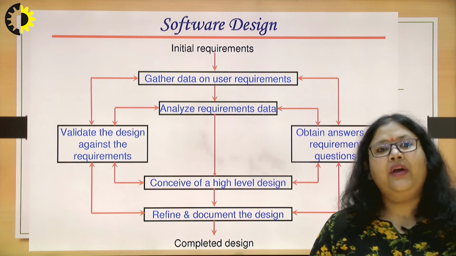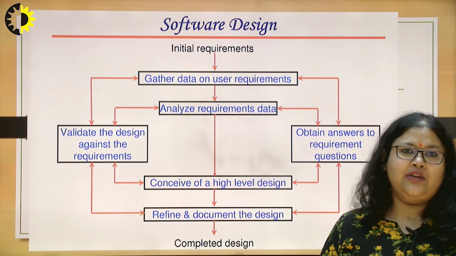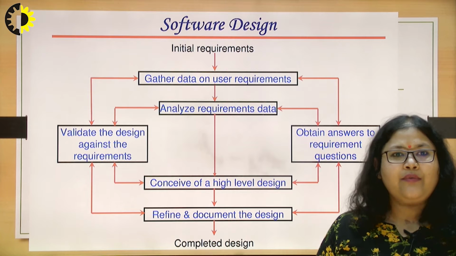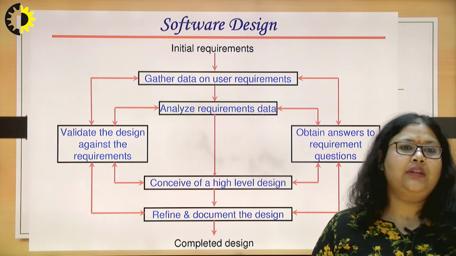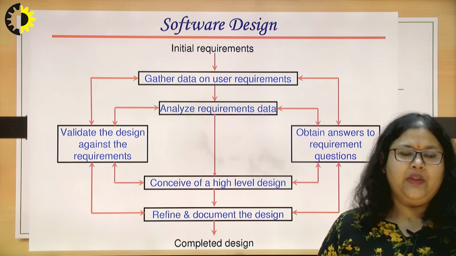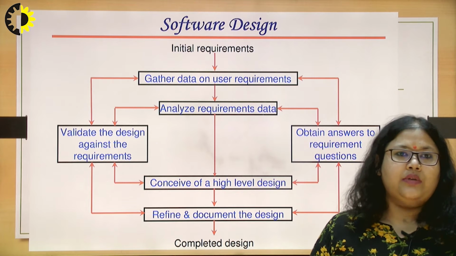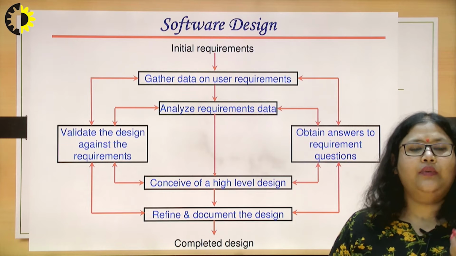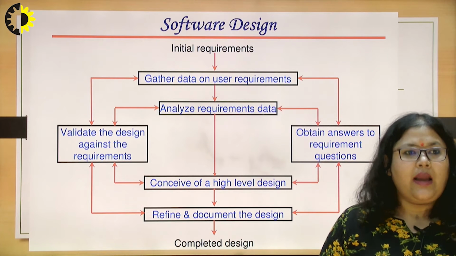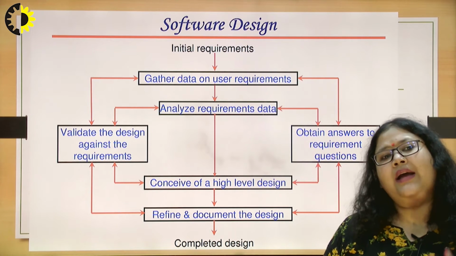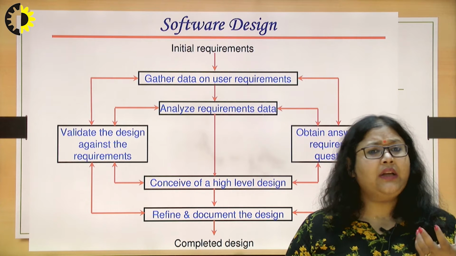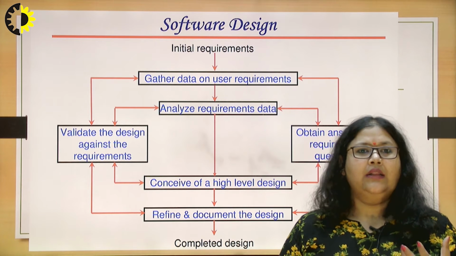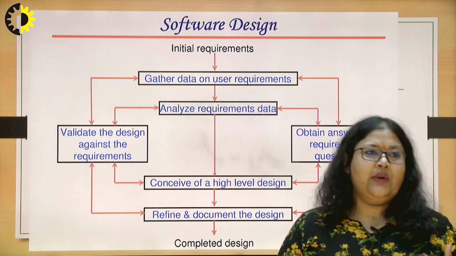When we have obtained all the answers to the defined questions, then we have to focus on the high level design. So, we find out the graphical representation of the requirements, and with this high level design, the customer validates the design against the requirements.